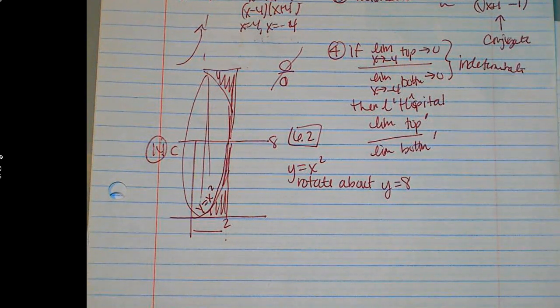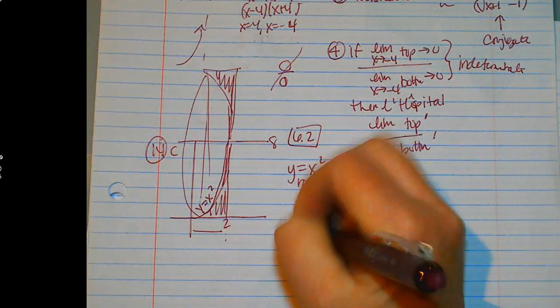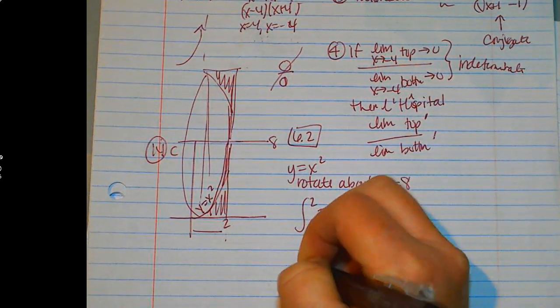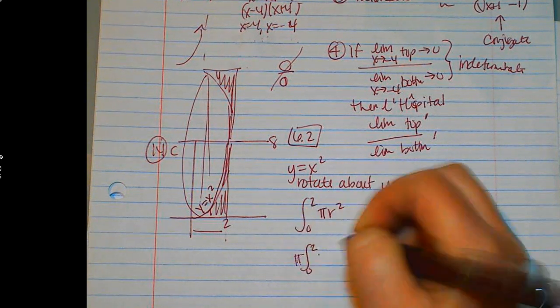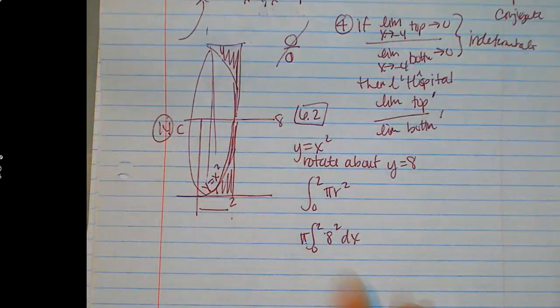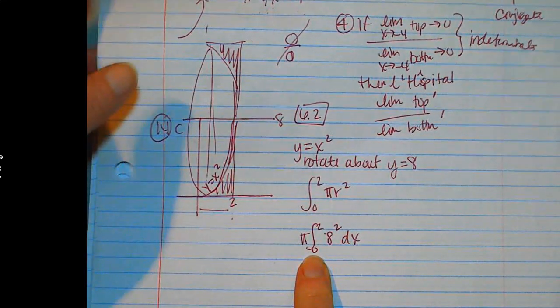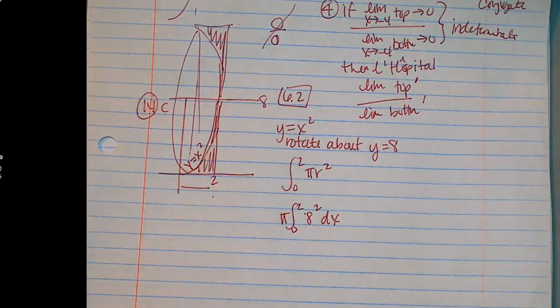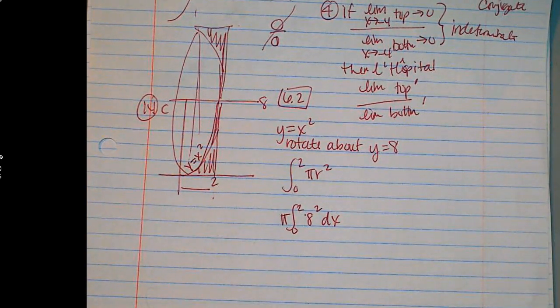So if it was solid, it would be the integral from 0 to 2 of pi r squared, where radius is 8. And obviously it's too wide. We could actually figure out that volume without integrals. We could do a can, a very squished, flat can, if you will.